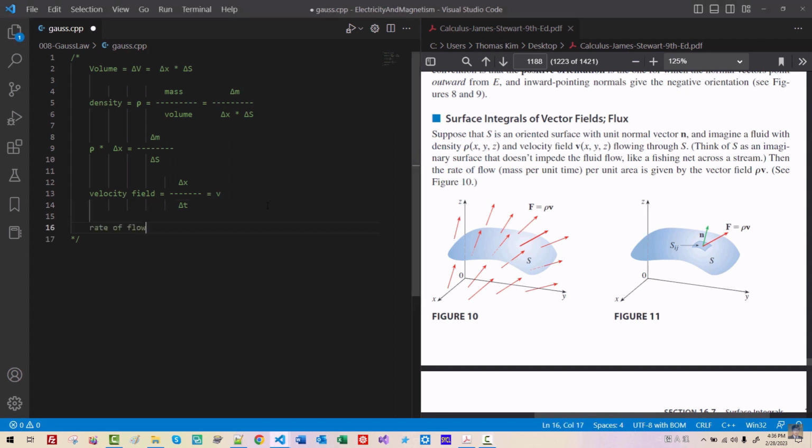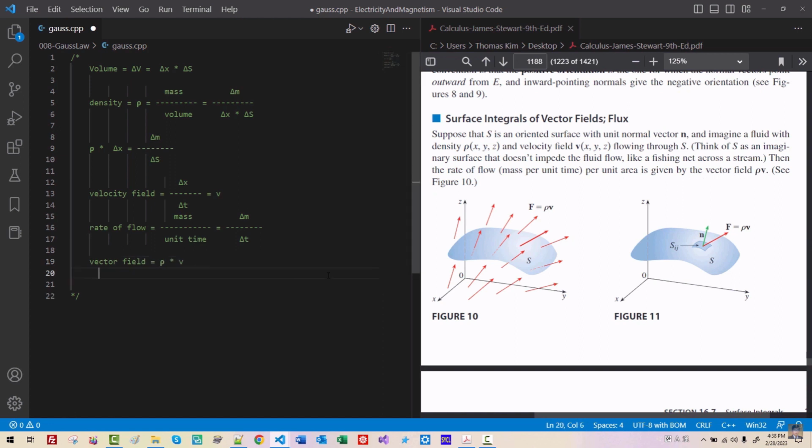Rate of flow is defined as mass per unit time, or delta M over delta T. We now defined rate of flow, mass over unit time, or delta M over delta T. Now the vector field rho v equals rho times v.